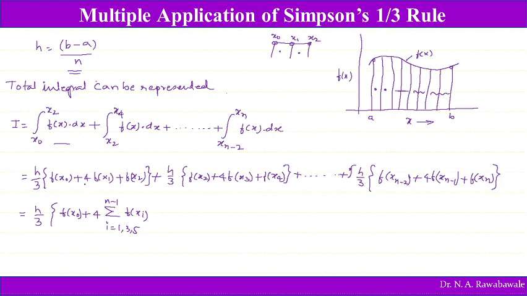Here you can see 4 times f of x1, f of x3 is 4 times, and so on, 4 times f of x n minus 1.